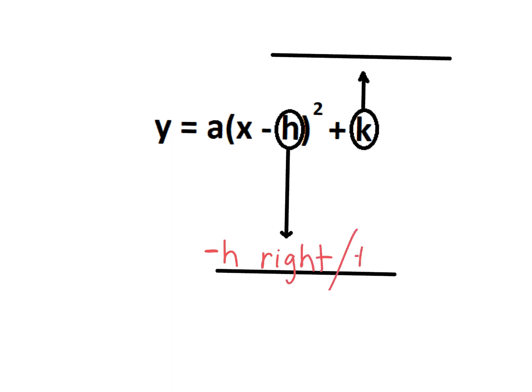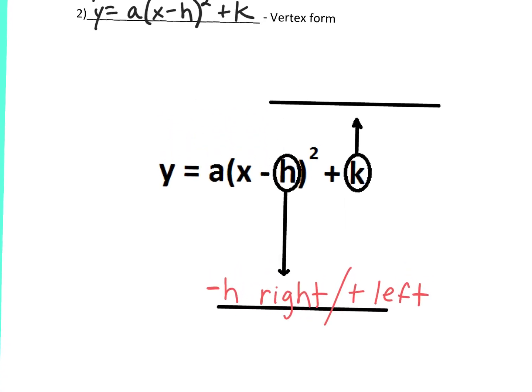But if it looks positive, it's going to mean to go left. So that's the only tricky thing you have to know about this formula. Then we have the k value. K is normal, okay? So if we've got a positive k, it's going to mean to go up, and if we've got a negative k, it's going to mean to go down.